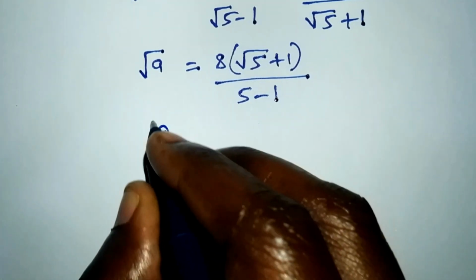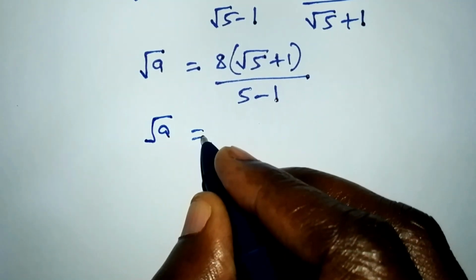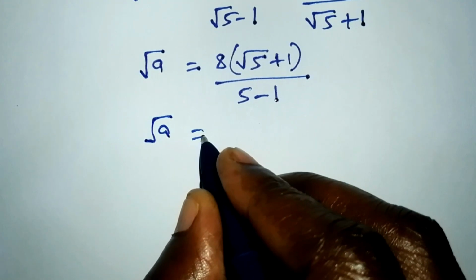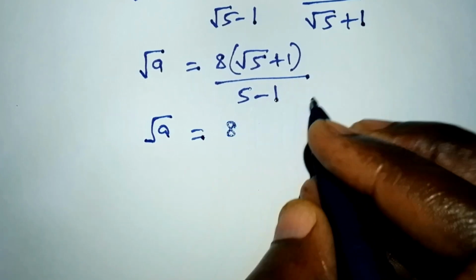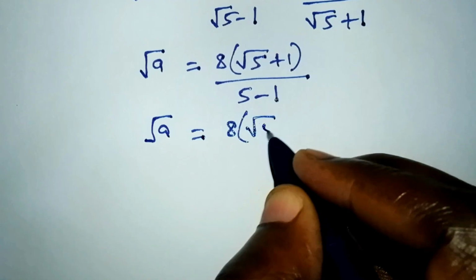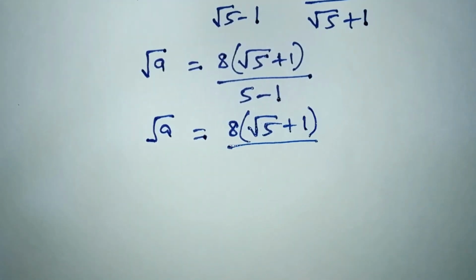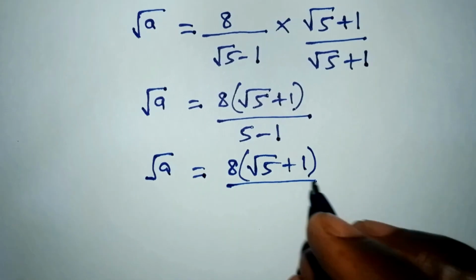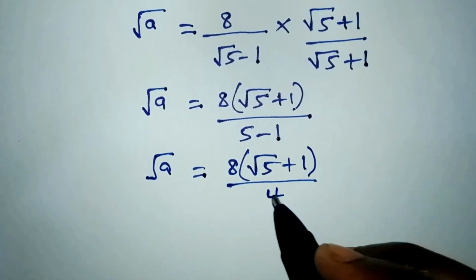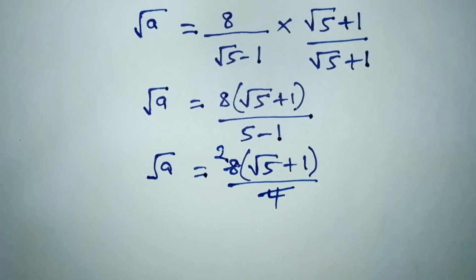Square root of a equals 8 bracket square root of 5 plus 1 all over 4. 4 goes into 8 2 times.